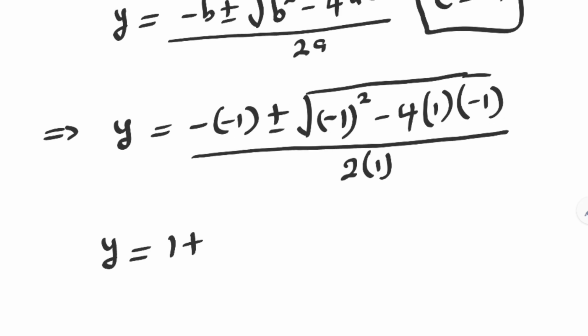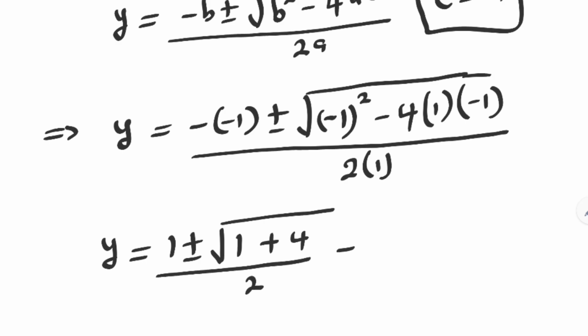This is 1 plus or minus square root of minus 1 squared, that is 1, minus 4 multiplied by 1 multiplied by minus 1, that is plus 4, divided by 2. And this is the same thing as y is equal to 1 plus or minus square root of 5 divided by 2.